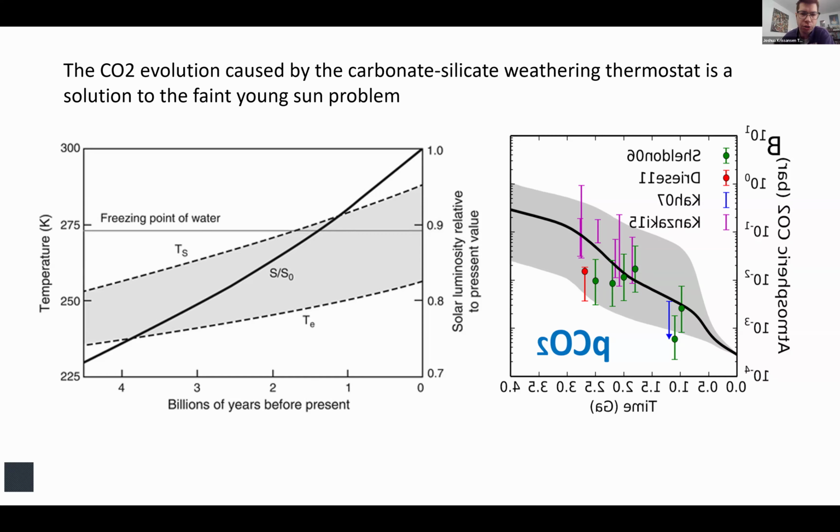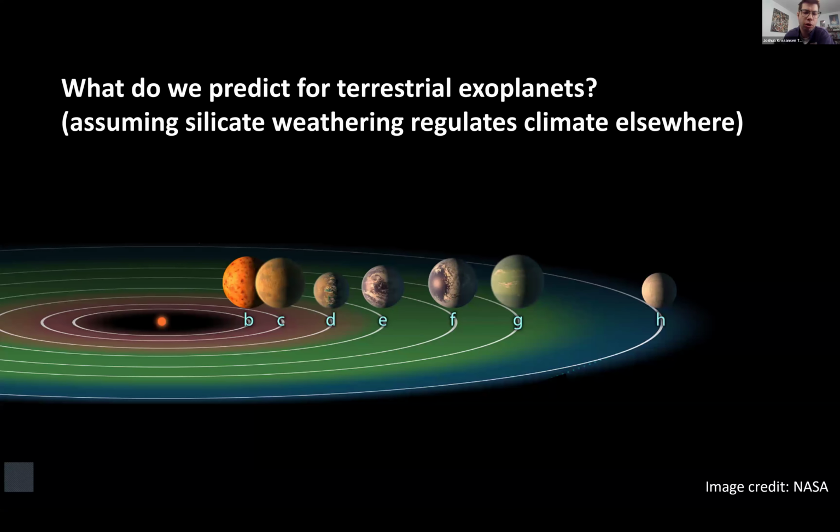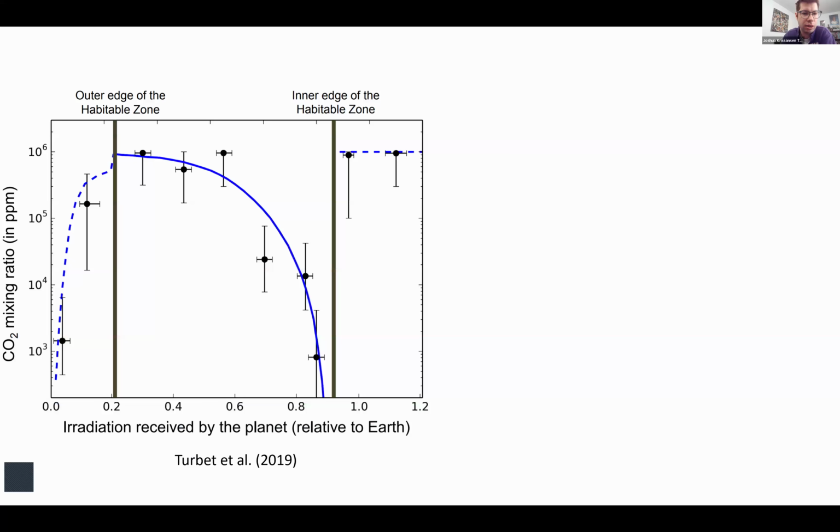And so taking that logic, you could ask the question, well, what do we predict for rocky exoplanets, assuming that silicate weathering regulates climate elsewhere in the same way it does on Earth? And so, of course, you would predict that as you get further from the star, you would have increasing CO2. This is the qualitative prediction, and this is a sketch of what that might look like, CO2 versus the flux received from your star.